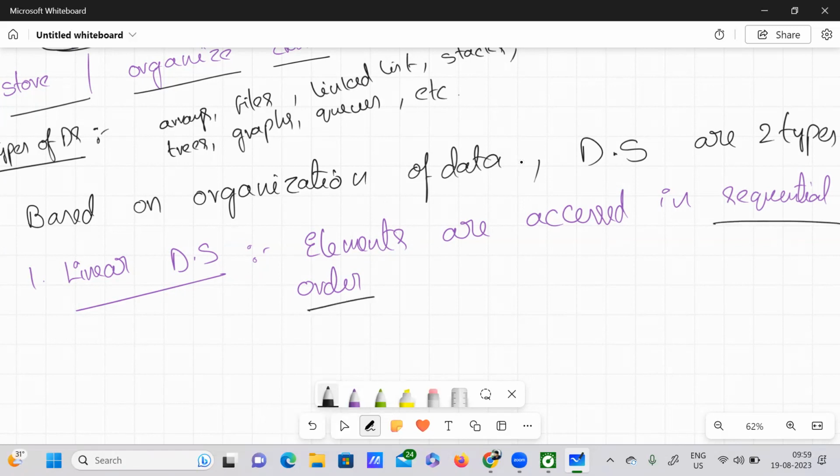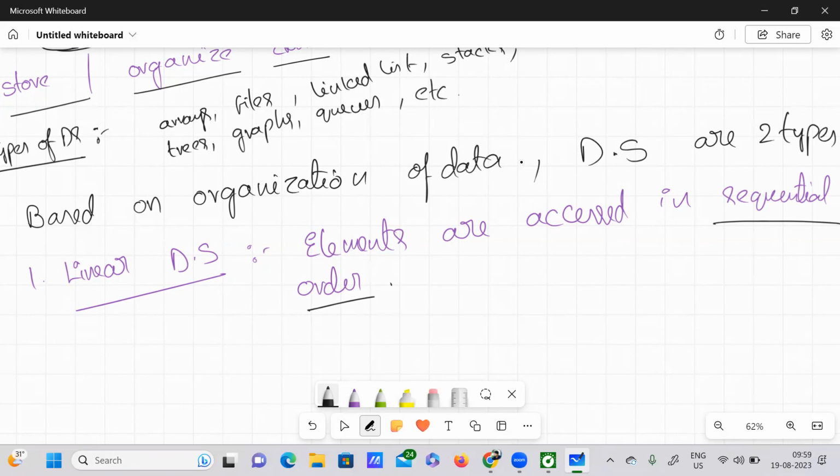In the sense, elements are accessed in a sequential order, but it is not mandatory that these elements are stored in a sequential manner. For example, elements should be accessed in a sequential manner only.